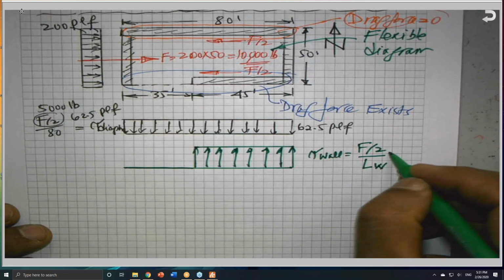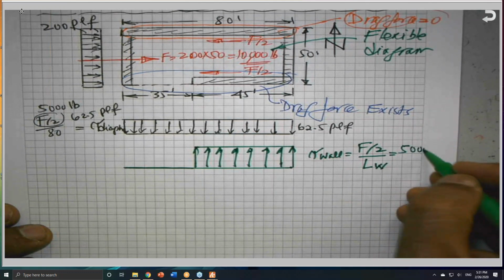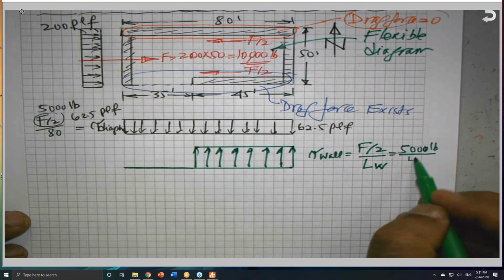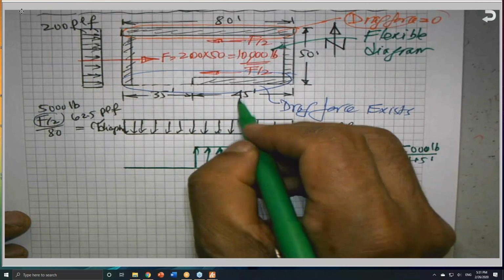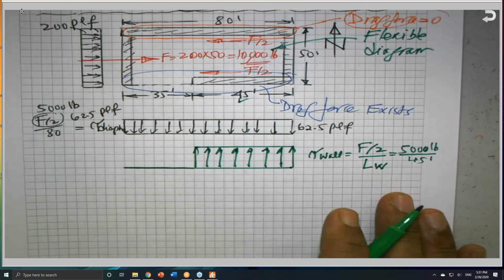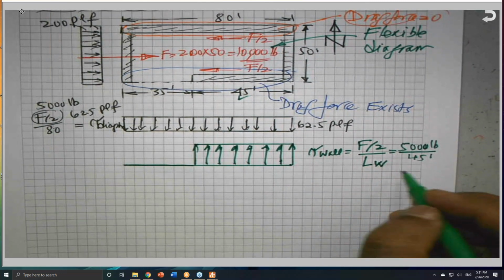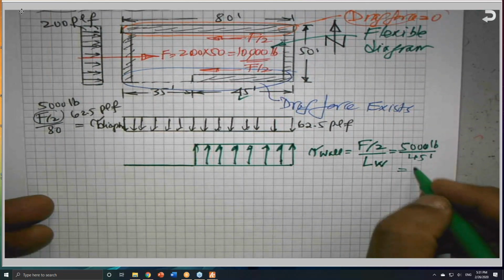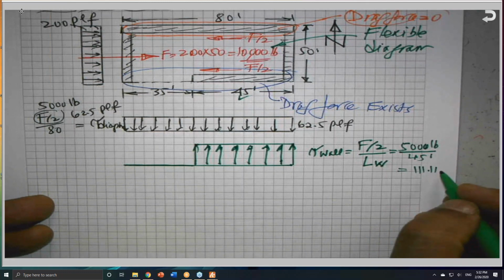Which is 5,000 pounds divided by what? What is the length of this wall? It's 45 feet only. The wall exists only over 45 feet. So tau wall is equal to what? The 5,000, enter 45, divided. So it is 111.11 PLF.